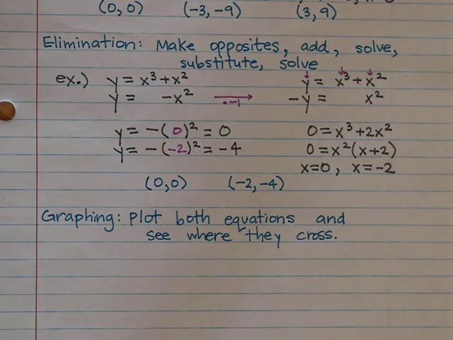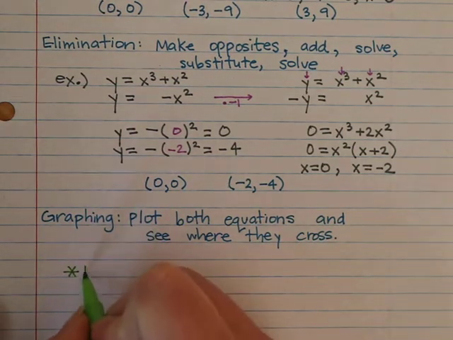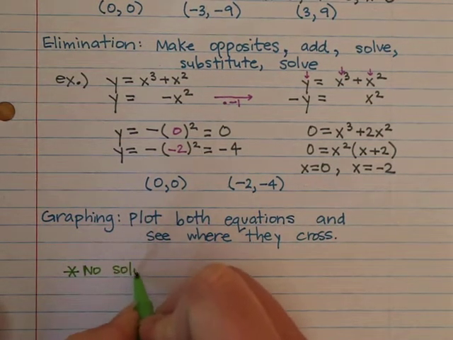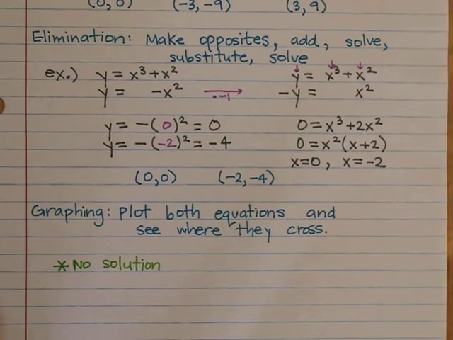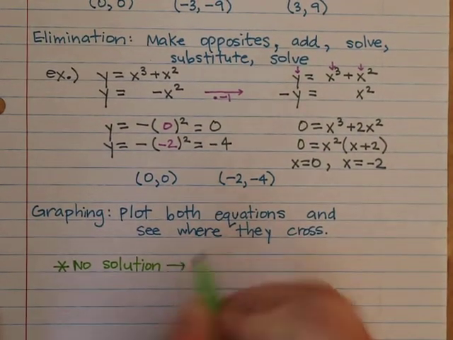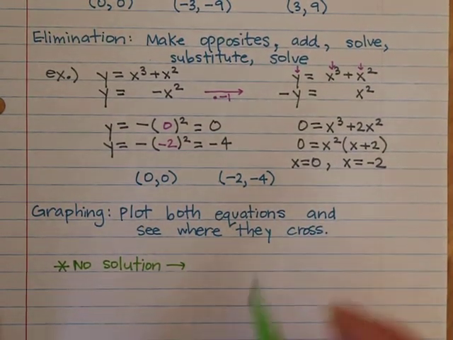Okay? Now, there are two special cases that we have to be mindful of. The first one is sometimes we're going to get no solution. In terms of lines, that means you have parallel lines. They don't ever cross, right? It literally says, see where they cross. If they don't cross, we have no solution.